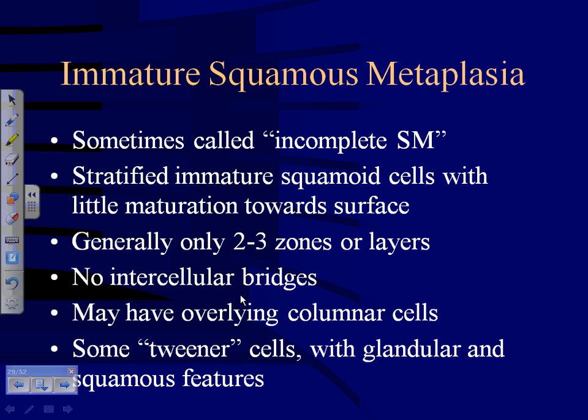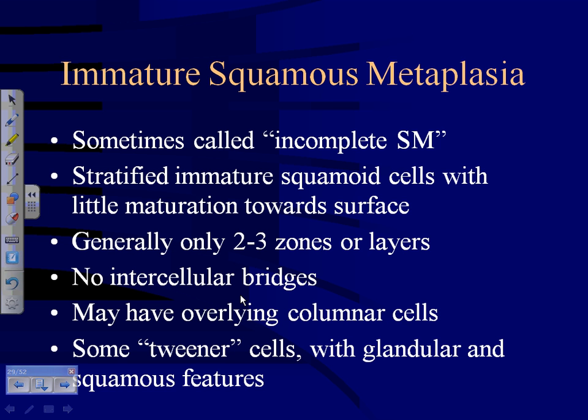Immature is sometimes called incomplete squamous metaplasia. And again, these are the earliest forms of squamous metaplasia of the glandular cells to this metaplastic state. The cells definitely look more immature. And the histology, these epithelium tend to be quite thin. You don't see intercellular bridges as you would in mature squamous cells.